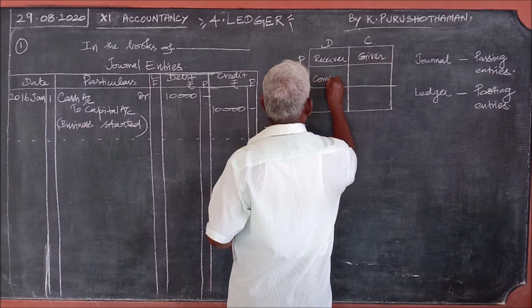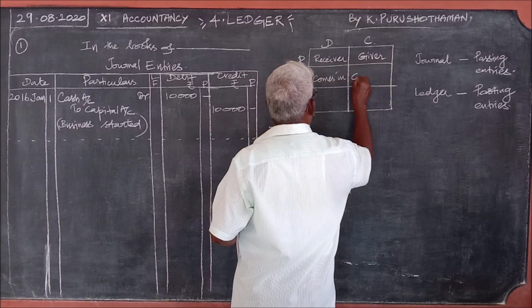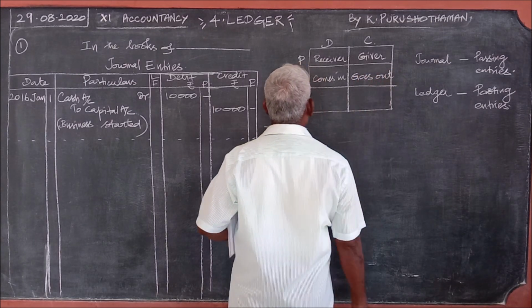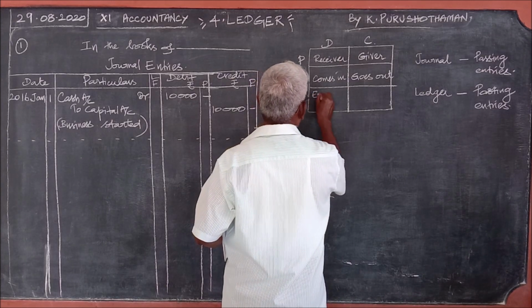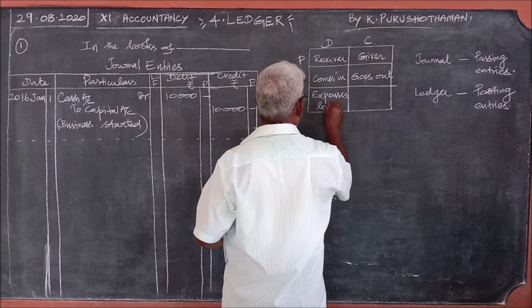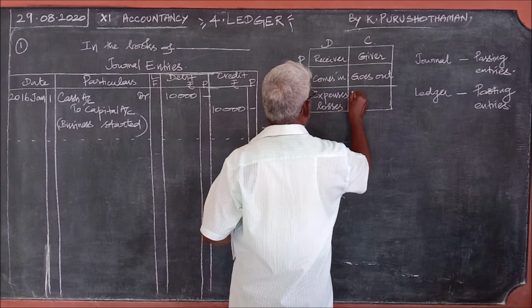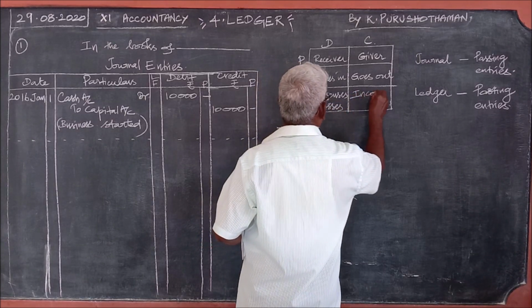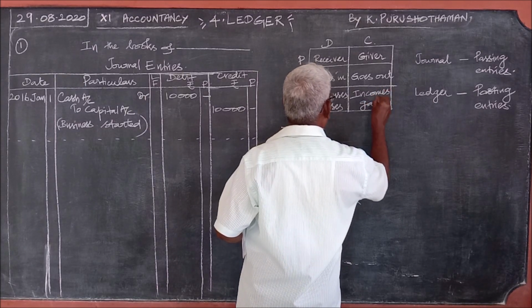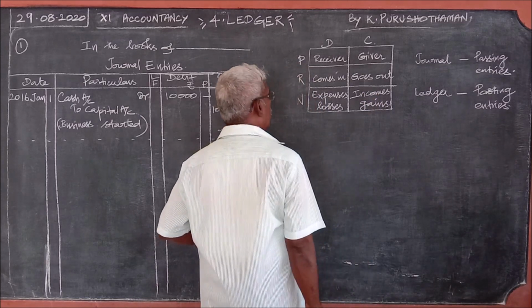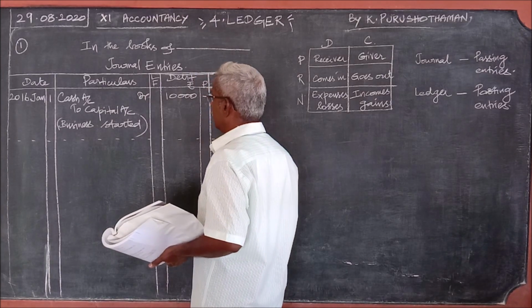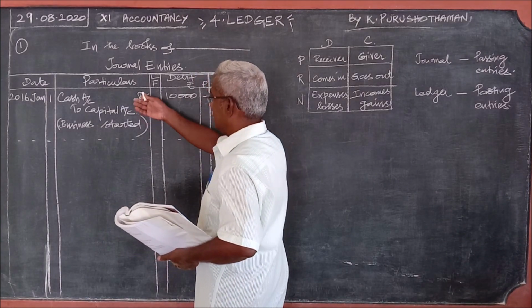Debit what comes in, credit what goes out. Debit all expenses and losses. Credit all incomes and gains. These are the three golden rules.